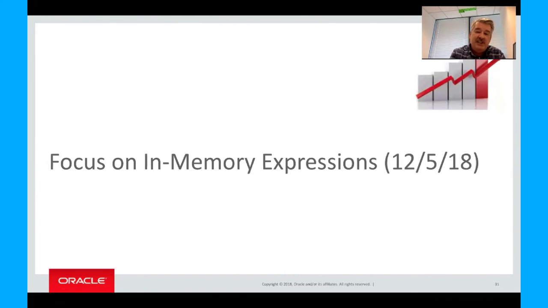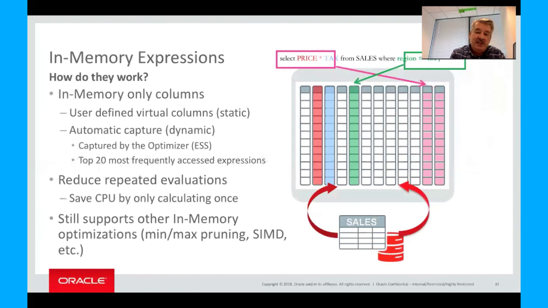It's surprising how many commonly executed expressions, arithmetic expressions in general, are executed and are common across either all the rows or classes of queries. And I think the main point here was that we have a dynamic ability with the optimizer to automatically populate expressions, or you can identify those expressions manually.